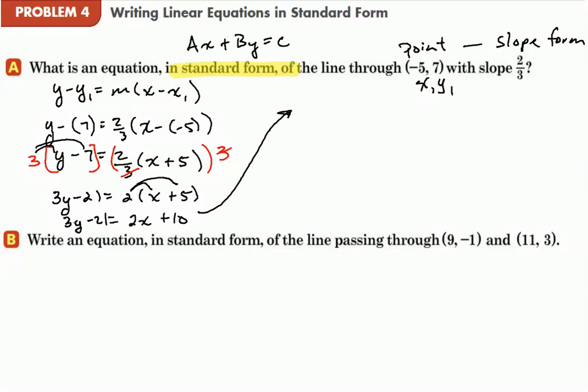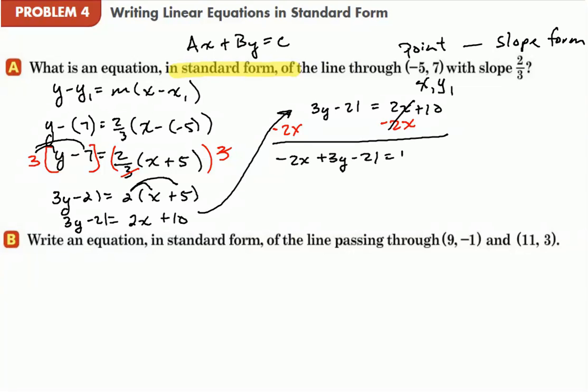Now we want to go ahead and, so let me write this down again. Let's move the x over by subtracting 2x on both sides. Again, I can't subtract x with y or the 21, so I'm going to leave it as 2x plus 3y minus 21 equals 10.